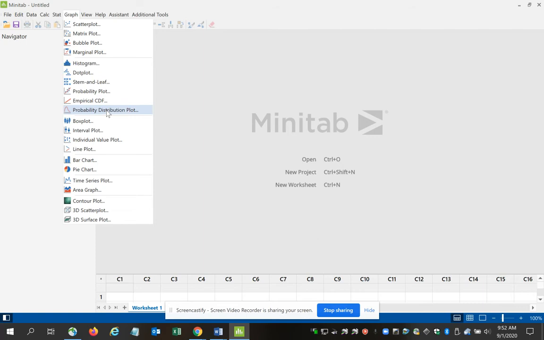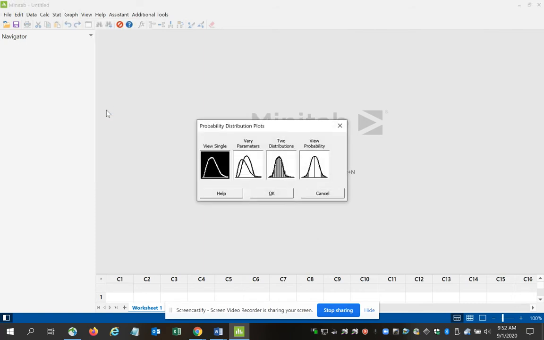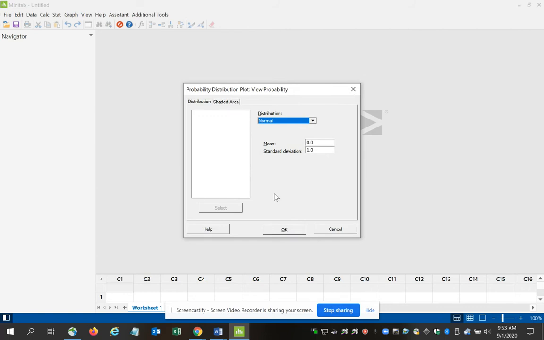So I choose Probability Distribution Plot. There are different things you can do in Minitab with the distribution plots, but I want to view the probability, which is the fourth option. So I'm going to click on that, then tell it OK.